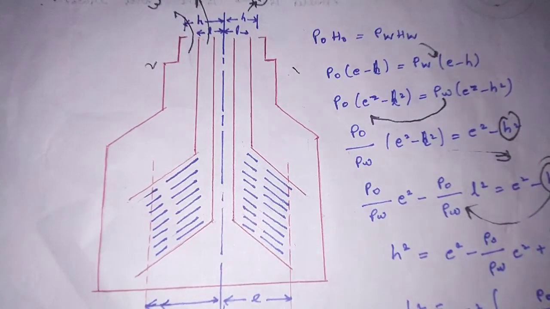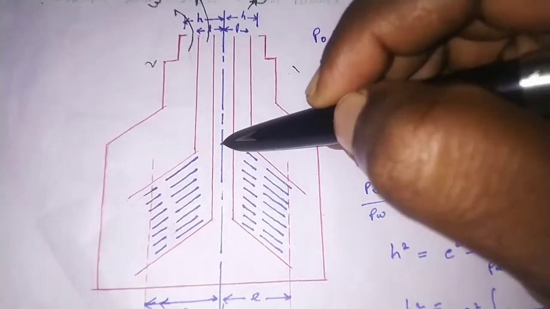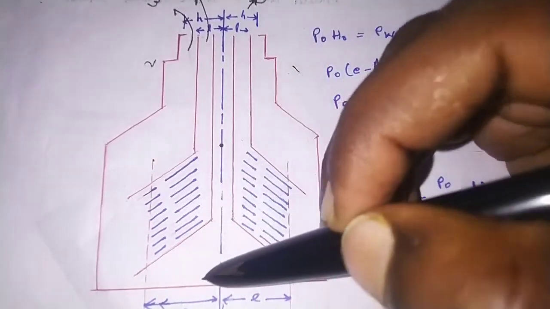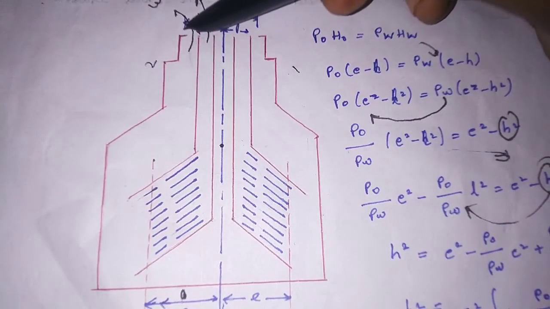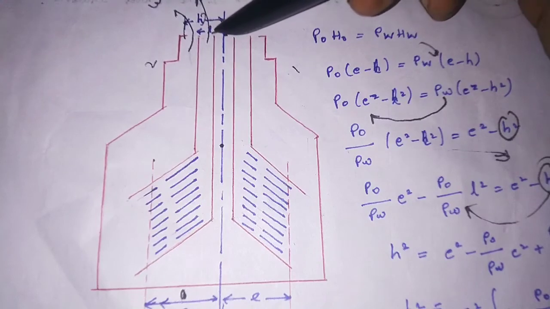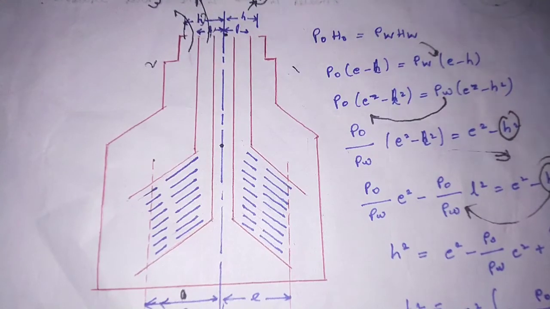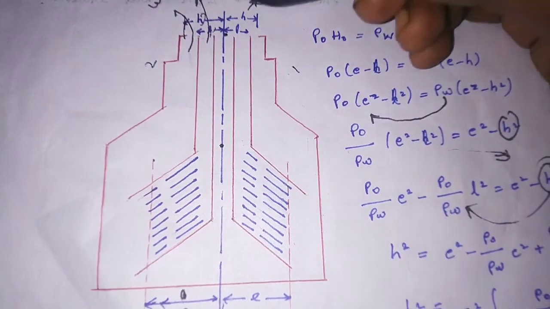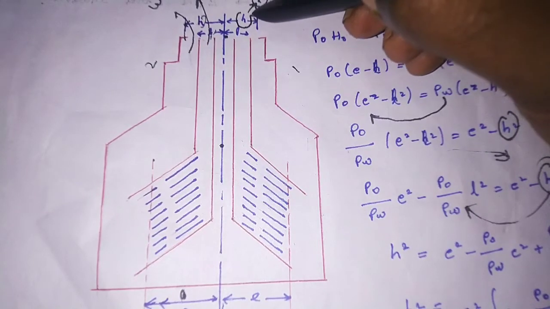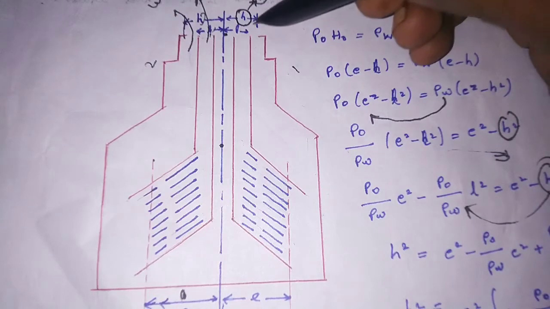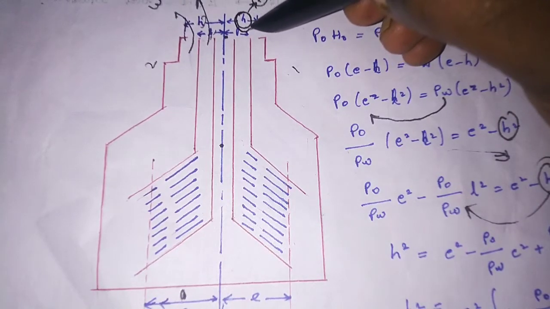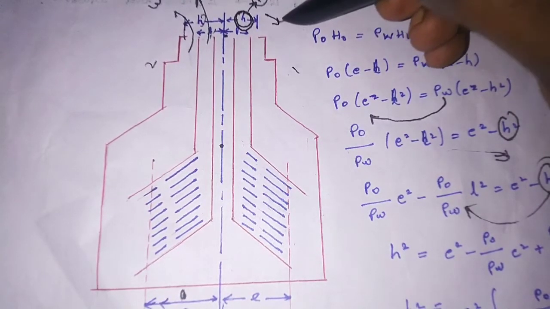From the center line to the E line, the distance is represented as E, from the center line the water surface is represented as H, and from the center line the oil surface is represented as L. So by either increasing or decreasing the density of oil, we only change the H value, and we can maintain the E line at point E.